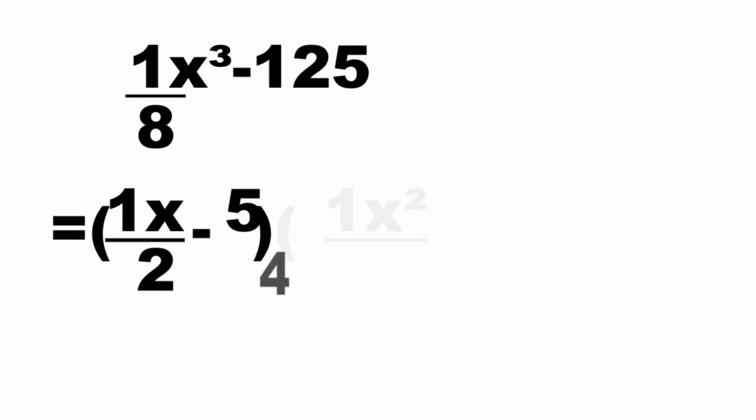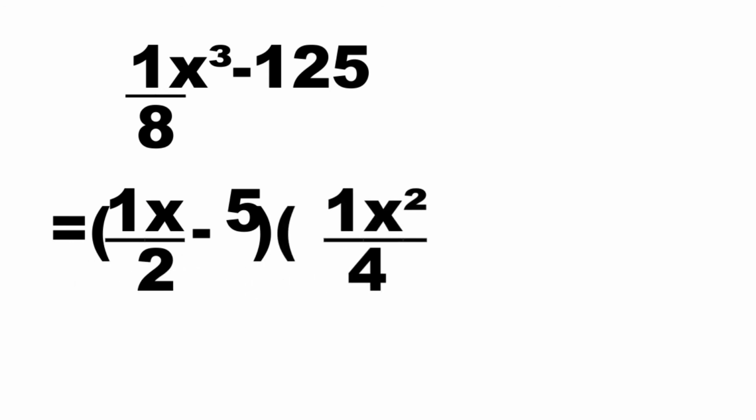The first term is the square of 1/2 x, which is 1/4 x squared. Multiplying 1/2 x and 5, we have plus 5x over 2.